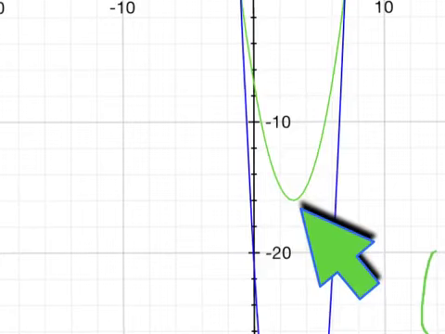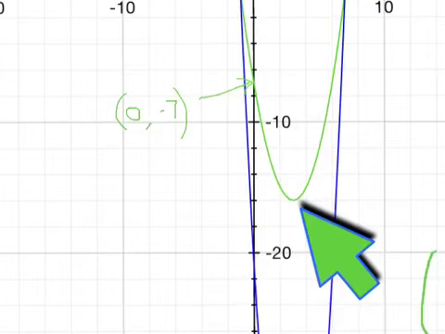For my green, I've got this point here, which we know is going to be 0 on the x and minus 7 on the y. Now, let's think about the blue then.